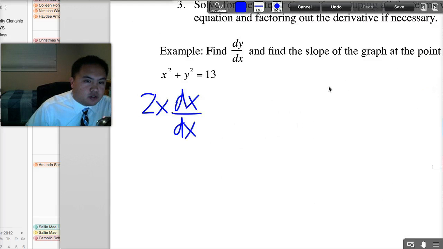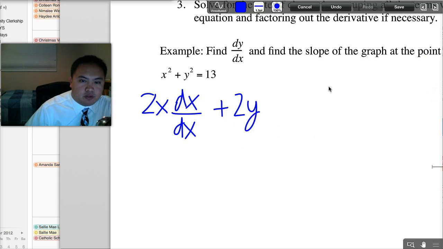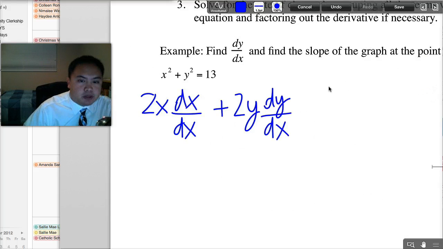So I take the derivative, 2x, and I'm doing dx because I'm doing it for the x variable. For y squared, the derivative is 2y, and because I'm taking the derivative with respect to x, I'm going to put this as dy dx. And again, it's because I'm doing this with respect to x. And you know the derivative of 13 is 0.